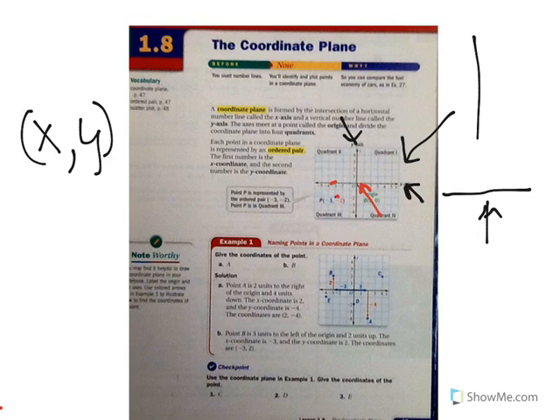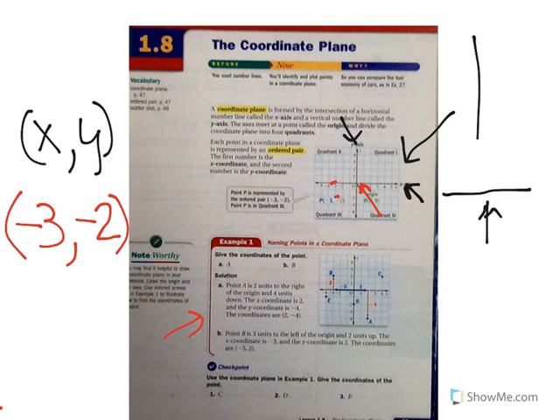So it's 3 over, but it's 3 to the left. And when we go left on a number line, past 0, it's -3. And it's down, so it's -2. And so that's how it works. So that's -3, -2.